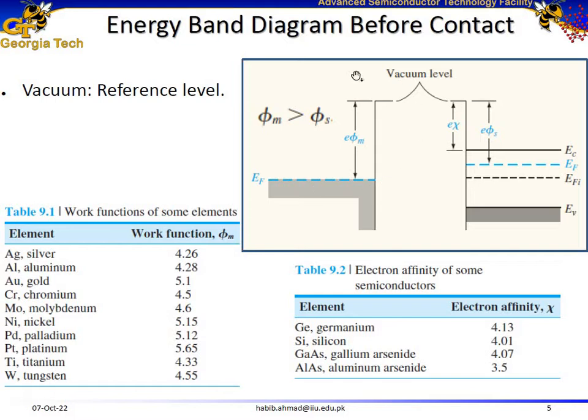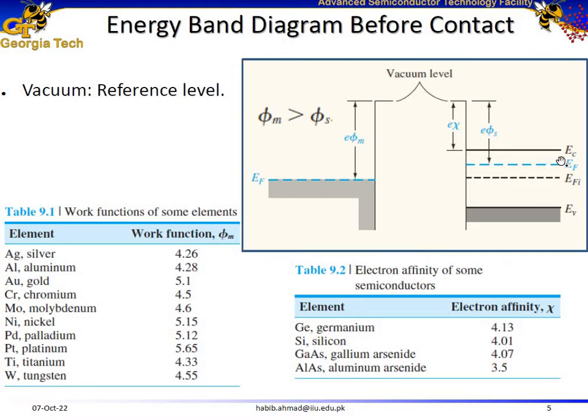Alright, we talked about the metal side. How about the semiconductor side? Assume that we have an n-type semiconductor material, and for the n-type semiconductor material, the Fermi energy level is going to be close to the conduction band.